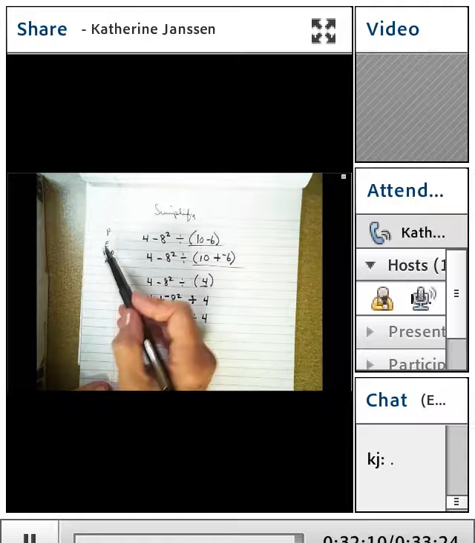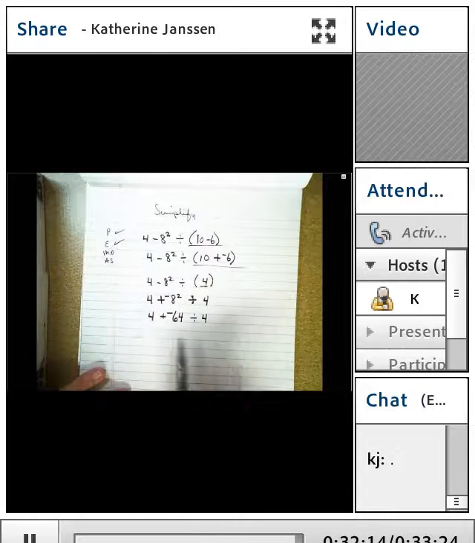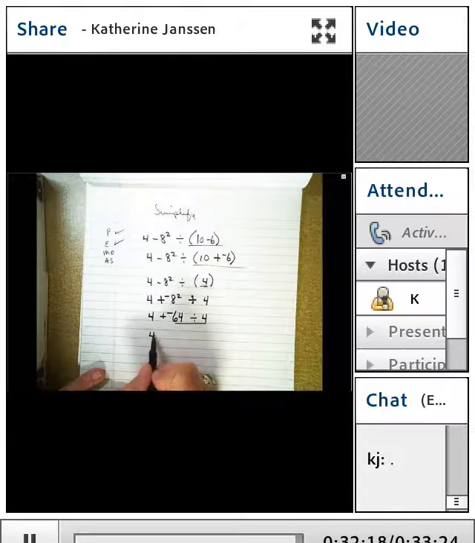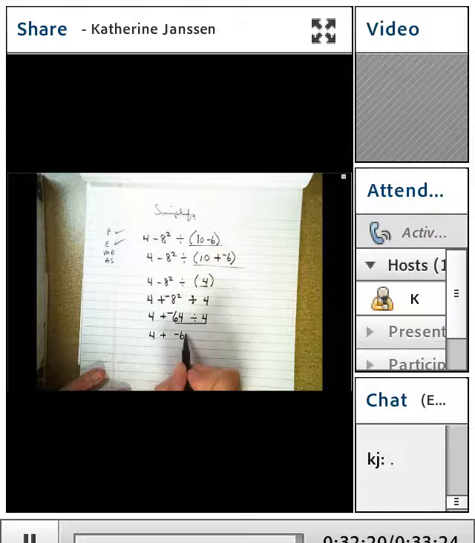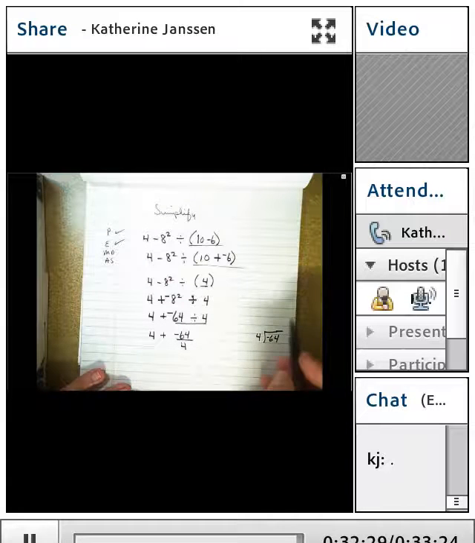Now I have multiplication and division. Here's division. So I have 4 plus negative 64 divided by 4. 4 goes into negative 64 16 times. I need a negative 16. 4 times a negative 16 would be a negative 64.